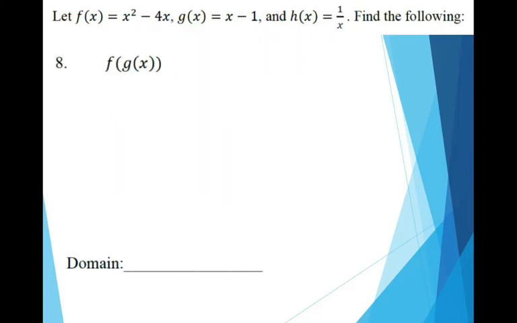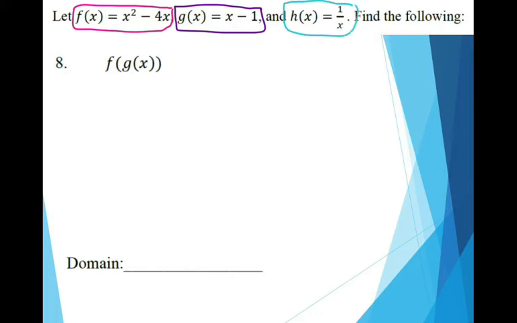All right, number 8. So number 8, I am taking the composition. So I am taking f of g of x. So what that means is I am going to take f of g of x, which is x minus 1. So essentially what I'm doing is wherever I see an x in my f function, I'm going to replace it with x minus 1.